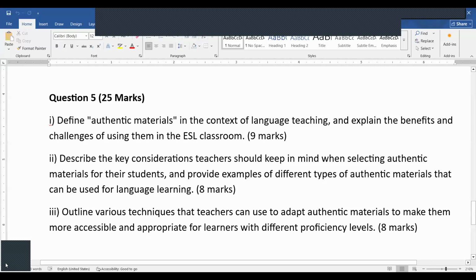Adapting makes the things easier. We discussed that one method of adapting is simplifying and making the things easier. Shortening, make it short. That is another adaptation. And then the other one is giving visuals.